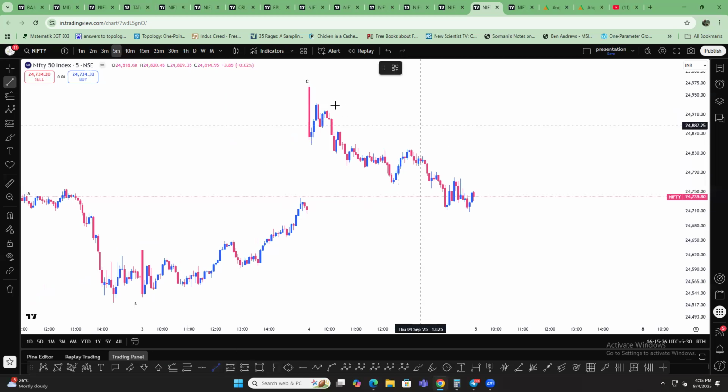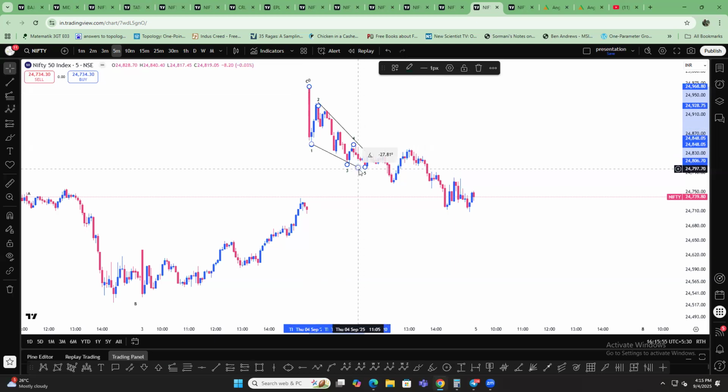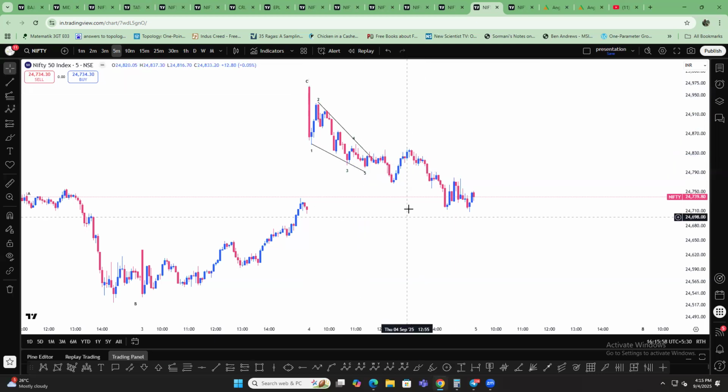See, again we are getting a leading diagonal. Right? There is the leading diagonal. So this is 1, 2, 3, 4, 5, completing wave 1.